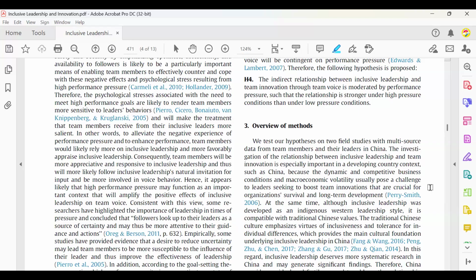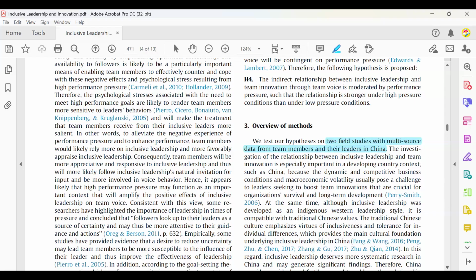What is the population? What is the sample? And how was it studied? So here we see that there are two field studies with multi-source data from team members and their leaders in China. Okay, that's how this was studied.